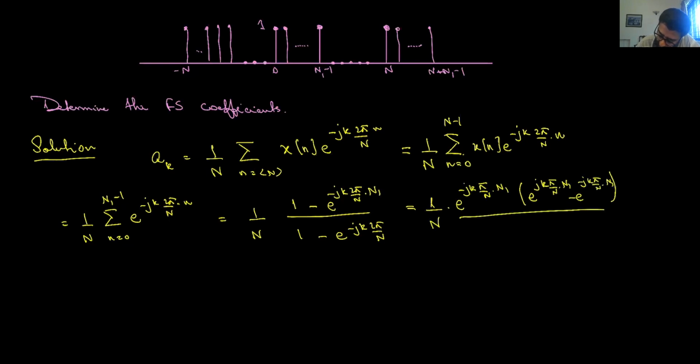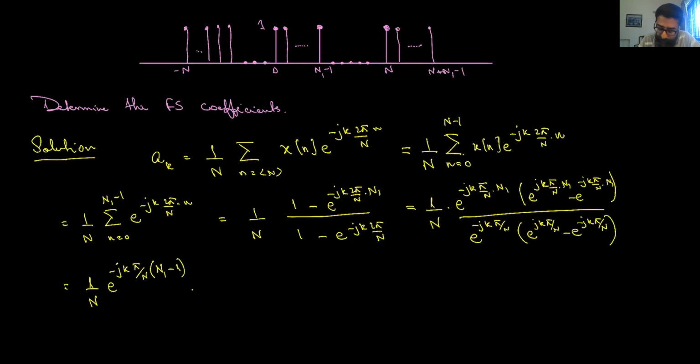And in the denominator, I'm just going to take out minus j k pi by n, and this is e raised to power j pi k by n minus e raised to power minus j k pi by n, and this is times e raised to power minus j k pi by n times n1 minus 1.